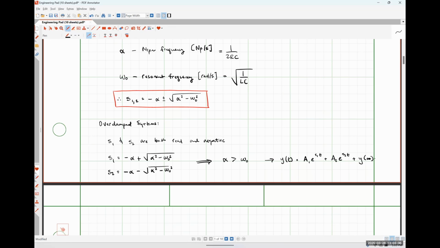So if we have a forcing function that's going to make our voltage or current be some fixed DC value at t is equal to infinity, I've already got that part taken care of.